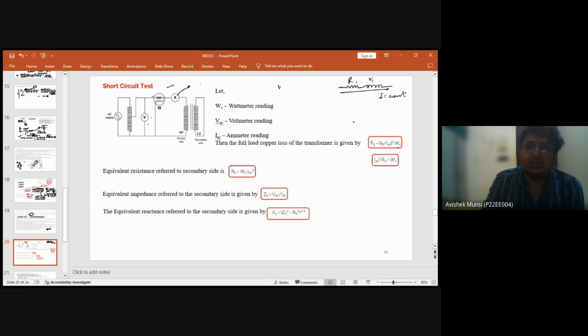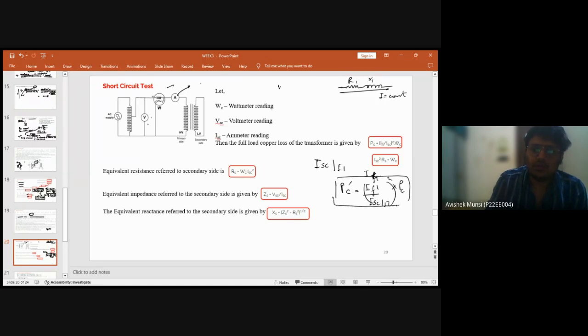As I solved in a previous problem, if the short circuit test was done at a certain load, suppose at I1, but your rated current is IR, then we take the full load current by the short circuit current at I1, squared, into the copper loss. That will give the actual copper loss at rating.